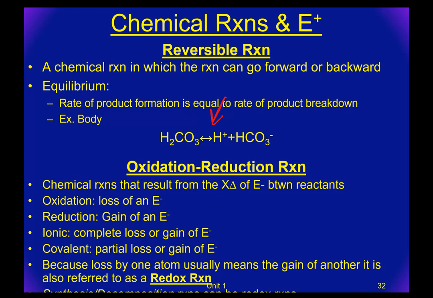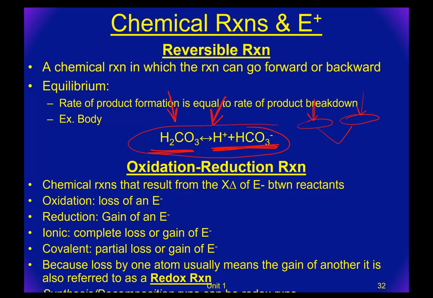Now, this is kind of the interesting thing with reversible reactions. It's about equilibrium. I want to have the same number of molecules on this side as I do on this side. If you think of the old school scales where you had the two platforms and you had to get them so that they were both equal on both sides, that's kind of what a reversible reaction is.